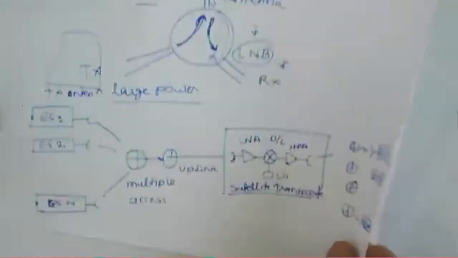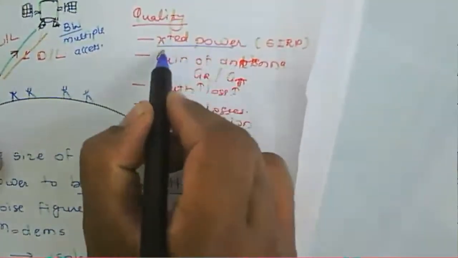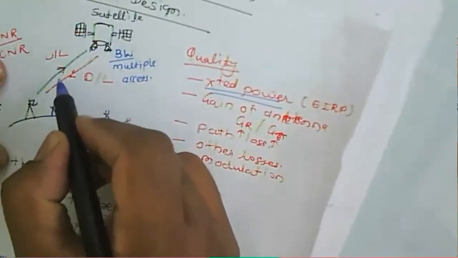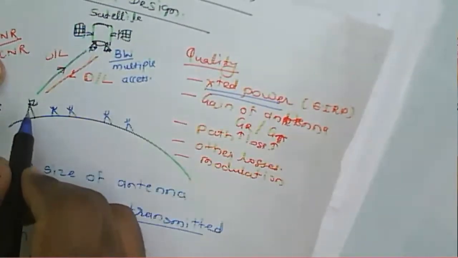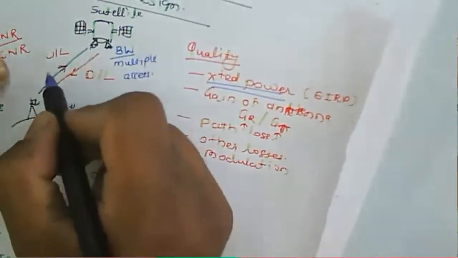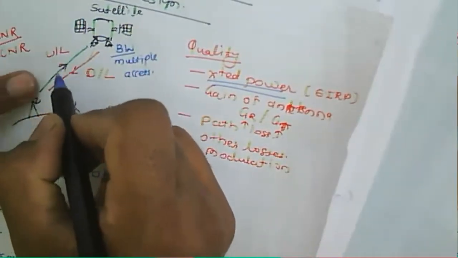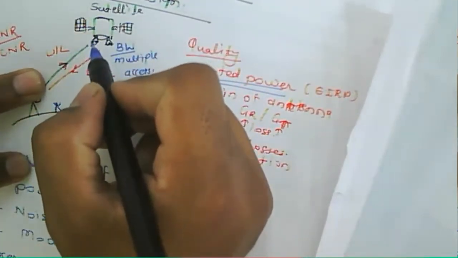Now, in the case of a satellite link, we should know how much the transmitted power is. Means from the earth station to the satellite, how much power is transmitted by this earth station. That transmitted power depends upon the gain of the transmitting antenna, and then we should know the distance, and then again at the receiver, what will be the gain of the receiving antenna.